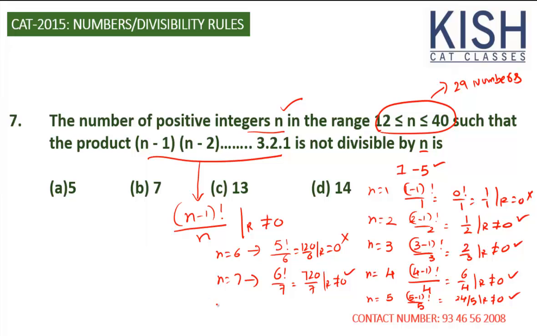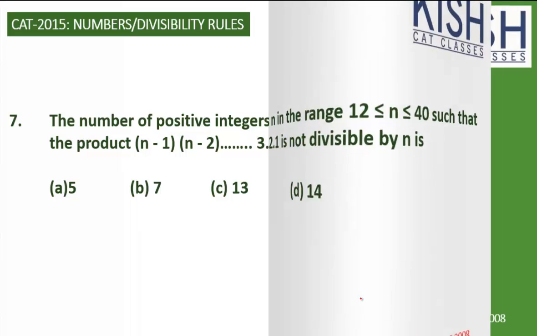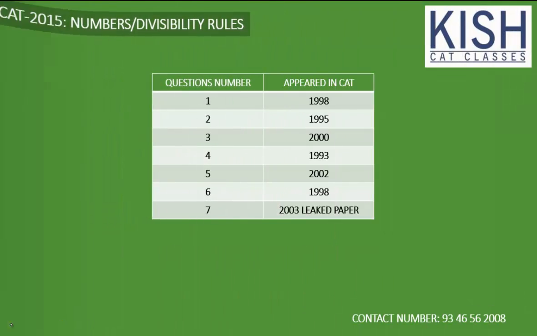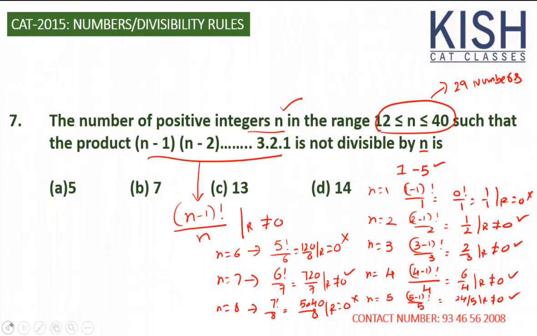Let's take n equal to 8, then it is 7 factorial by 8. 7 factorial is nothing but 5040 by 8. Now the remainder is 0. This is not applicable. So in the first set, where we have taken from 1 to 5, except the first one, remaining 4 are possible.